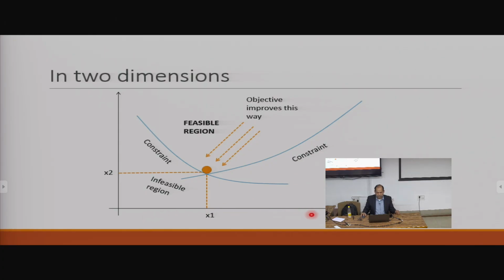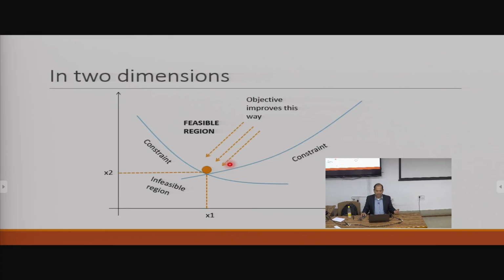So you have two design variables here, x1 and x2. We have 2 constraints that we show here. These are non-linear constraints, as you see that they don't look like a straight line. We have infeasible regions. Here constraint 1 is not satisfied, here constraint 2 is not satisfied, and here both constraints are not satisfied. So of course your feasible region is this area here. And the objective improves this way.